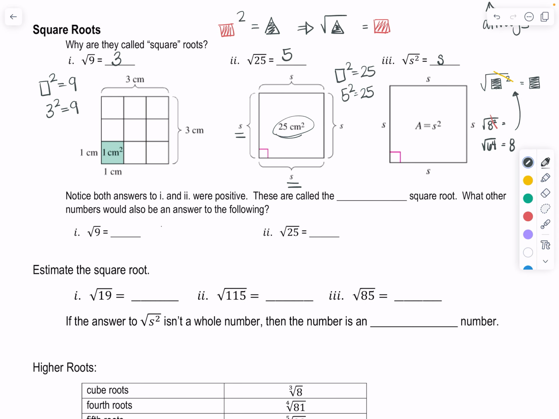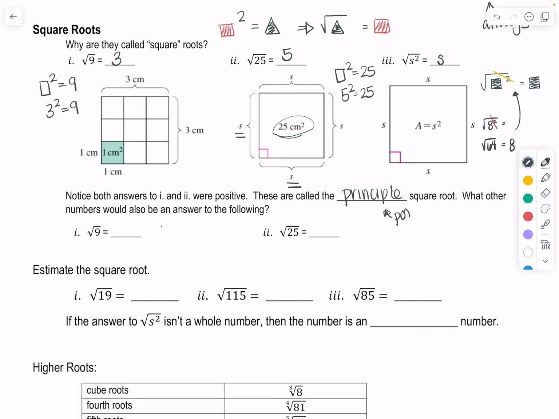And so both answers have been positive, 3 and 5, for letters 1 and 2. These are called the principal square roots. The principal square root is the positive square root.